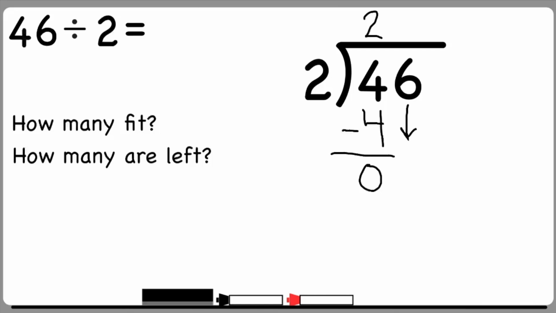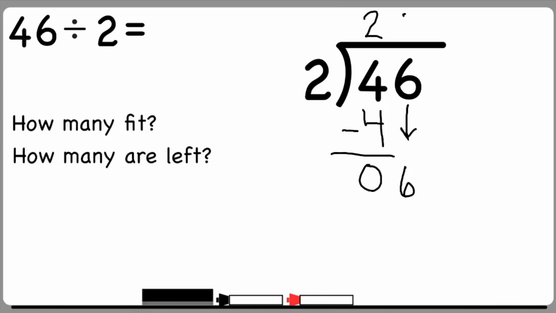So next, I'll bring down my 6. Now in division, the number that we're working with keeps moving down. So I don't have to worry about the 46 anymore. Now I'm just worried about the 6. Start my questions over. How many fit? How many 2's fit into 6?